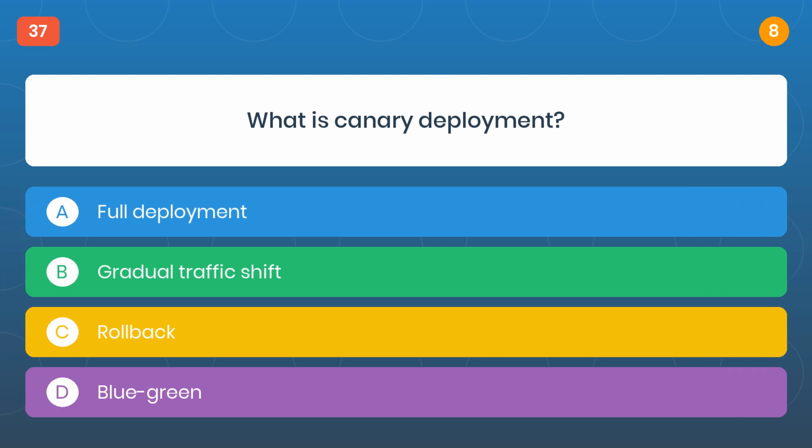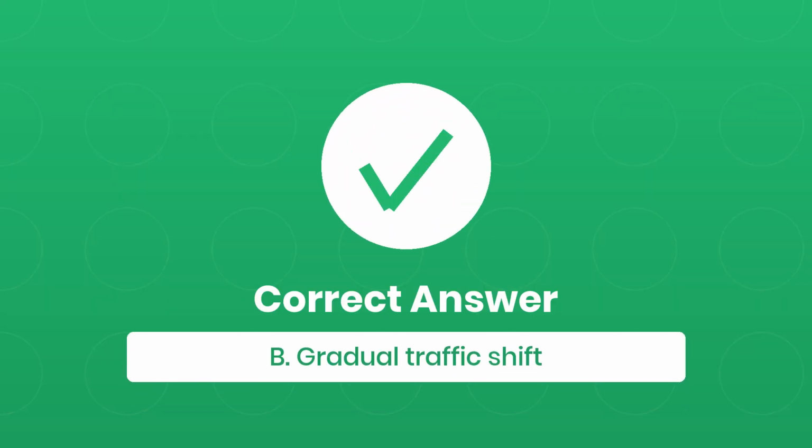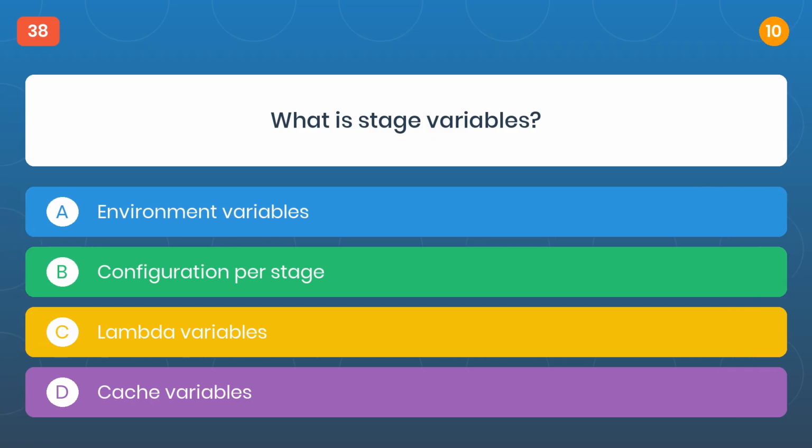Question 37. What is Canary deployment? The correct answer is B, gradual traffic shift. Question 38. What are stage variables?